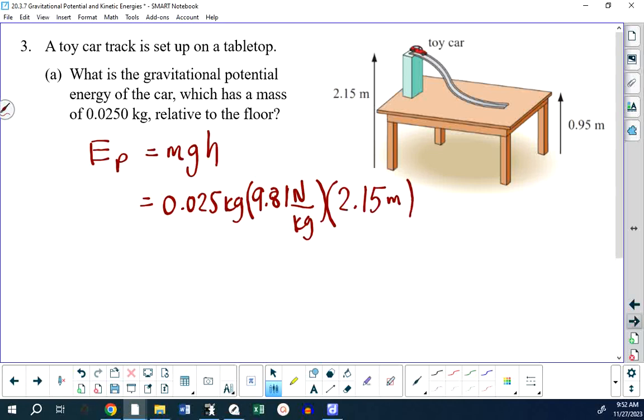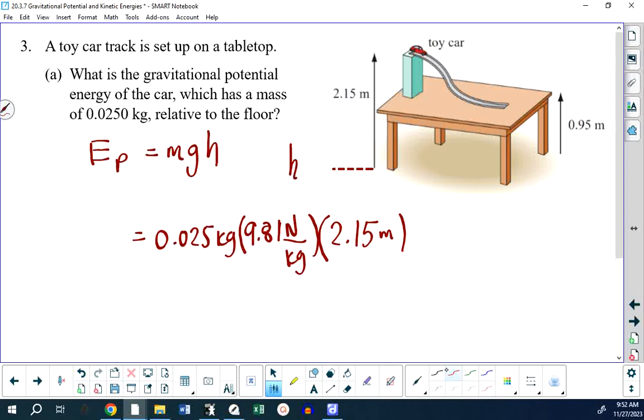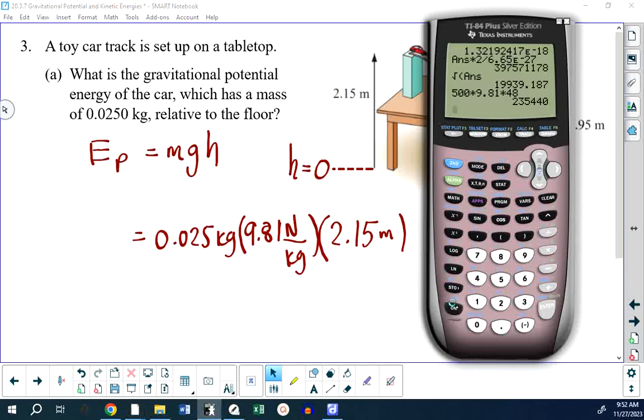Because when you say relative to the floor, we're calling the floor a height of 0. So let's calculate that. It's a pretty simple question. And I'm getting 0.53 joules.